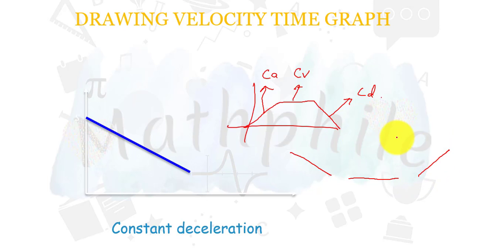So let's say the particle accelerated from rest and attained a velocity of negative 5 meters per second. Which of the lines will this represent?